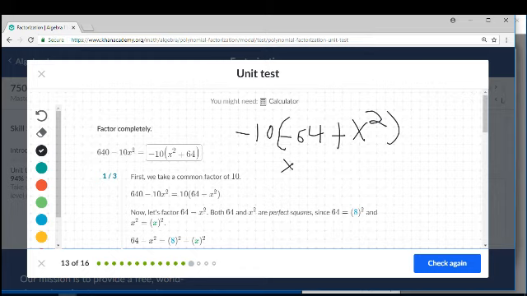That should be x squared minus 64, and that would be x plus 8, x minus 8.